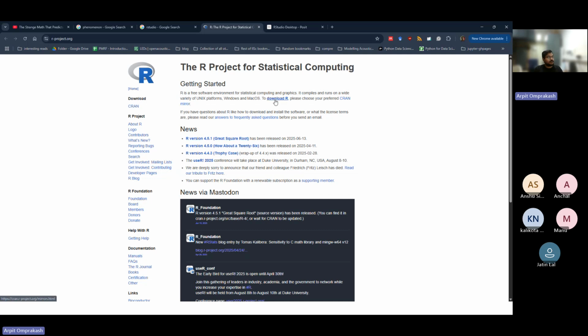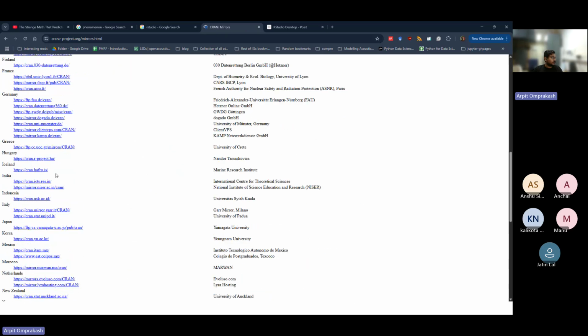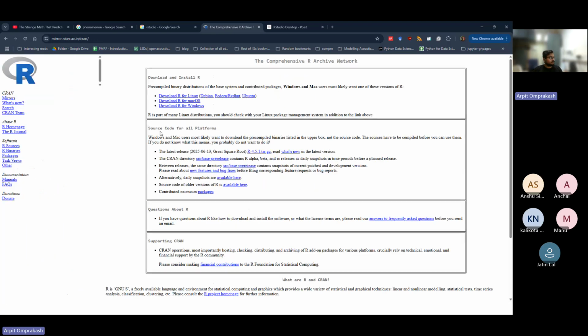To download, you have to click here and choose any of these websites. For India, I think they have these two websites which you can use. Once you click that, it should have three options: R for Linux, Mac OS, or Windows. Depending on your system, you can download and install this.